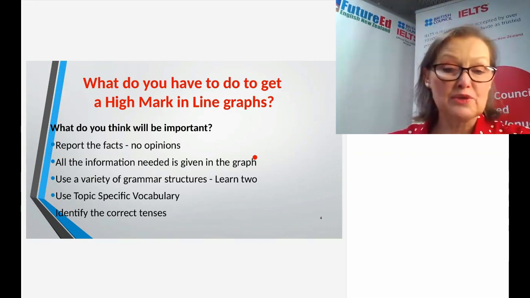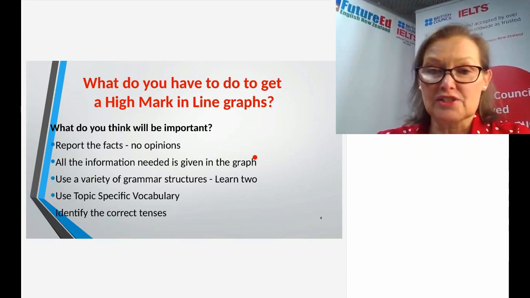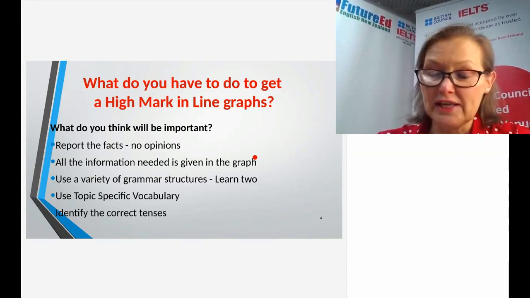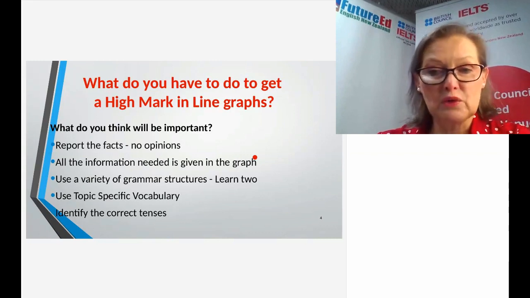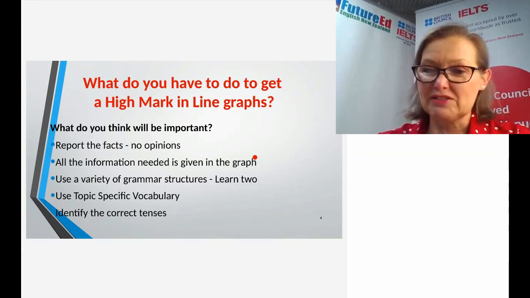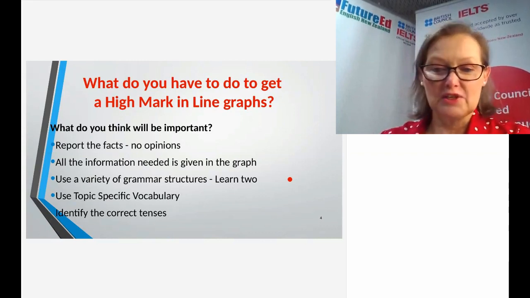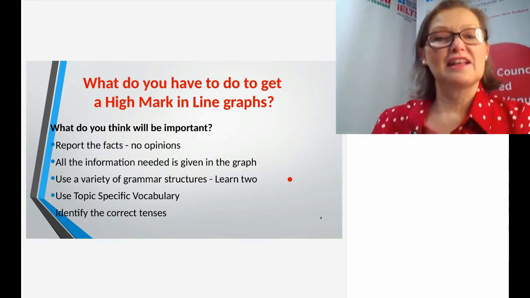We need to be able to use a variety of grammar structures. And tonight in this lesson 1 and lesson 2, we're going to look at 2 very basic, very important sentence structures. And we're going to be developing them step by step so that by the end of this lesson, you'll be able to write accurate sentences.